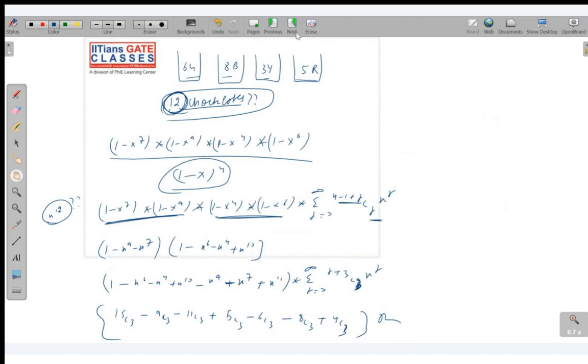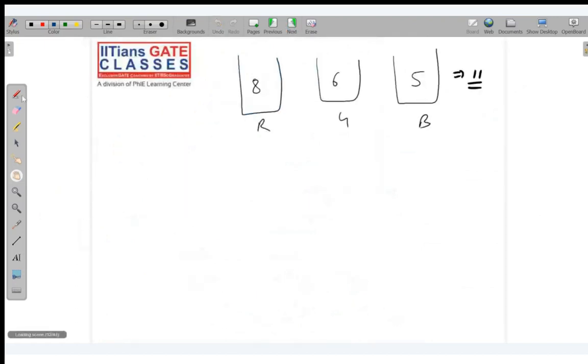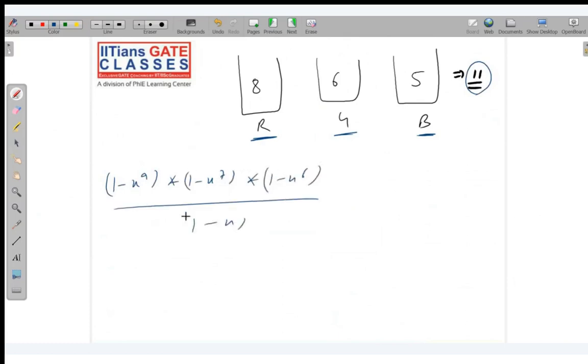Done. Okay, so next is 8 red chocolates, 6 green chocolates, and 5 blue chocolates. We have to select 11 chocolates. Now I will simply write the equation. Please let me know if you are comfortable or not. 1 minus x power 9, 1 minus x power 7, 1 minus x power 6, divided by (1 minus x) cubed.